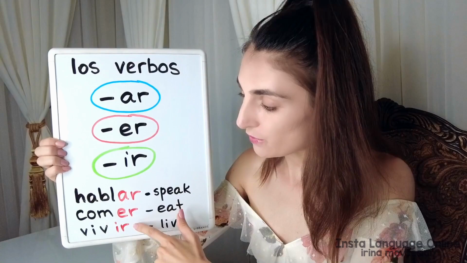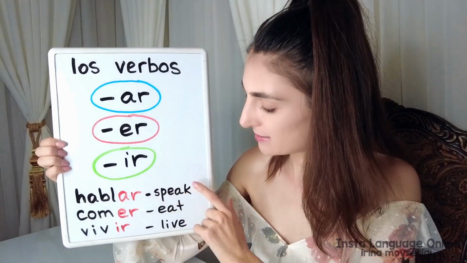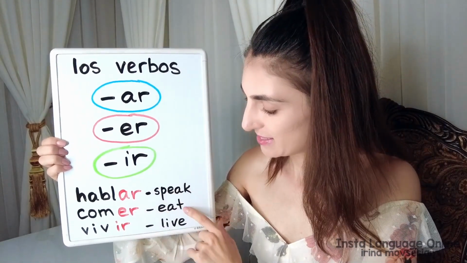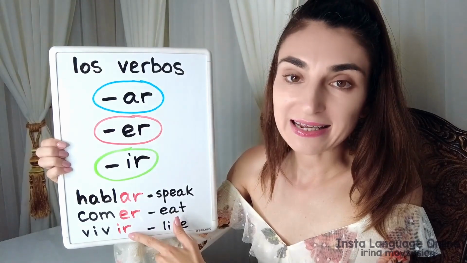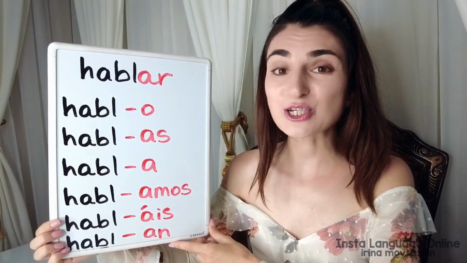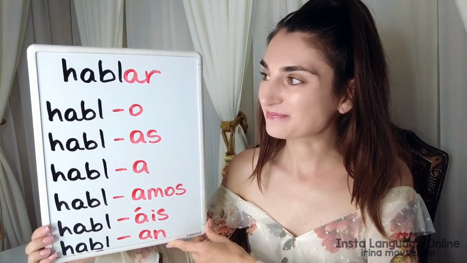And I give you 3 examples. Hablar, to speak. Comer, to eat. Vivir, to live. We are going to conjugate our first verb, hablar, to speak.